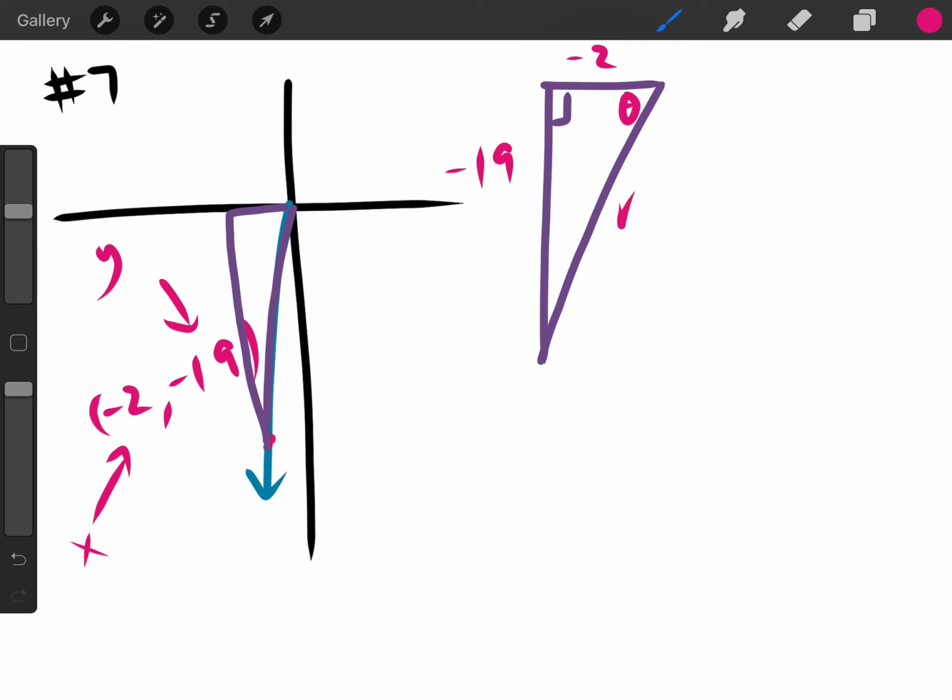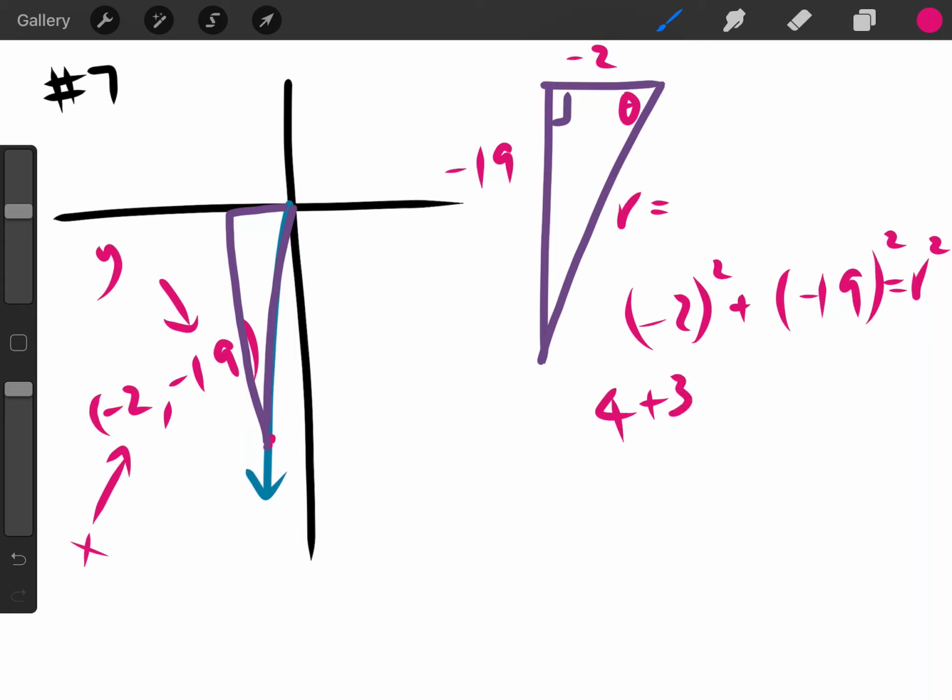Okay, let's come up with the radius, which is basically the hypotenuse. So you have -2 squared plus -19 squared equals r squared. You'll have to do some calculation right here. So you will have 4 plus 361 equals r squared.